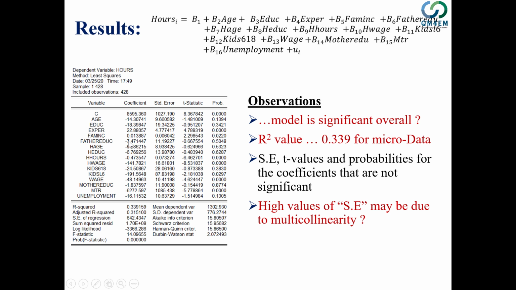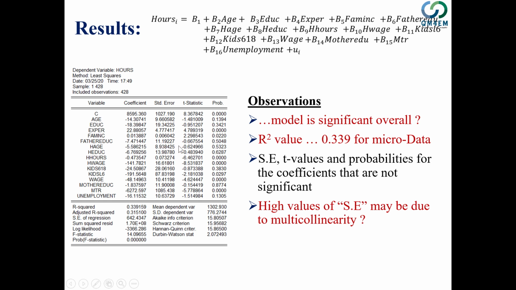So that's the reason you are getting a lower value of t statistics. As I told you a while ago, when you have multicollinearity, you get a higher standard error value that results in a higher denominator of the t ratio, which is calculated by dividing the coefficient by the standard error.